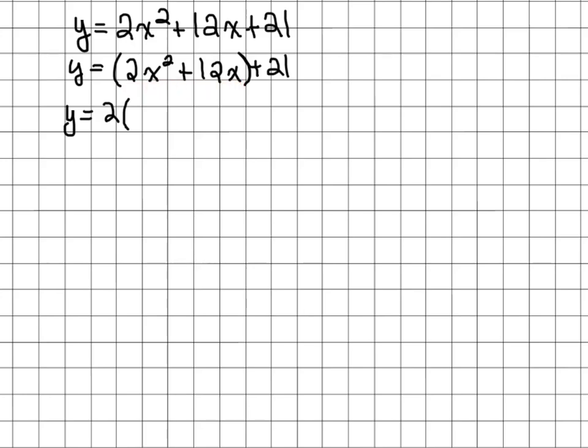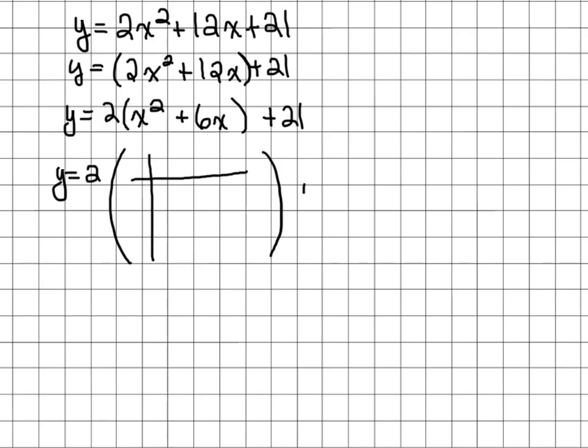All right, so that gives me x squared plus 6x, and see again, I have my 21 on the outside of the brackets. Alrighty, so now I'm going to take this stuff here and fill in my chart. So there's my chart.